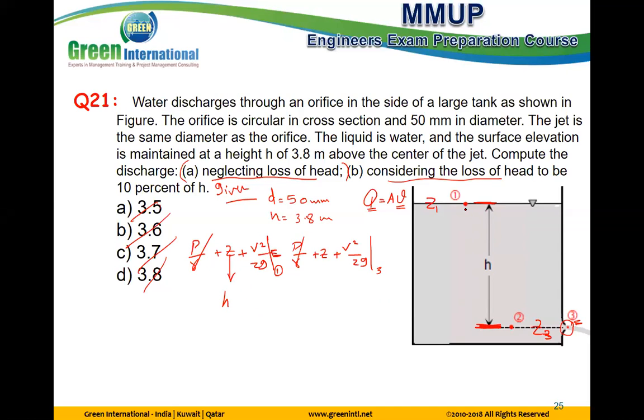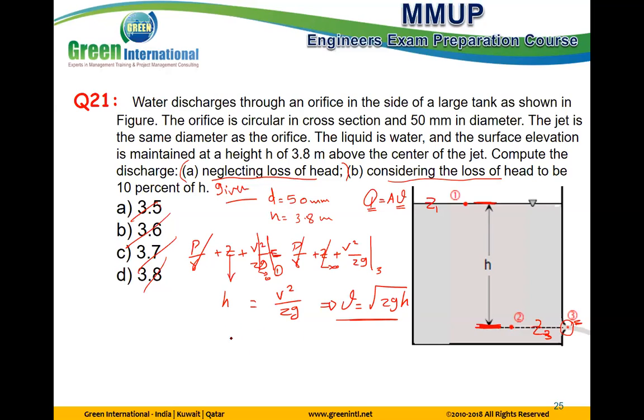Velocity at 1, this is open and the level decreases, so the velocity is almost 0. Means H equals Z3 plus... Z3 equals what? 0, on the same datum. Velocity is the velocity at the orifice, which is required, V squared over 2g. So the velocity at the end, from this equation, V equals the square root of 2gH. Correct or not? Yes.